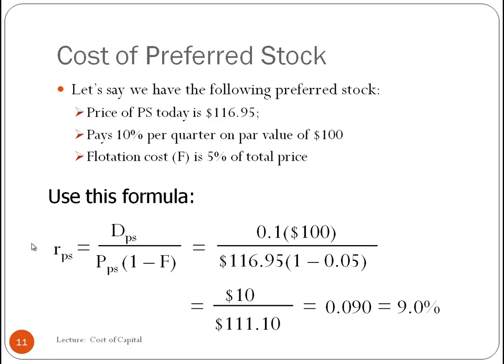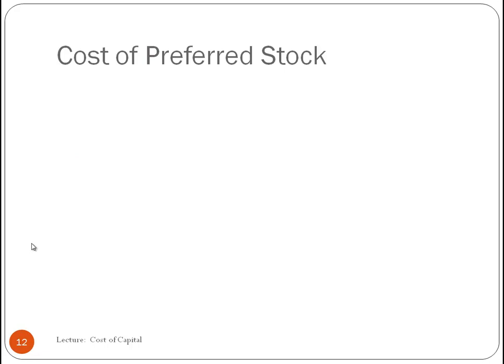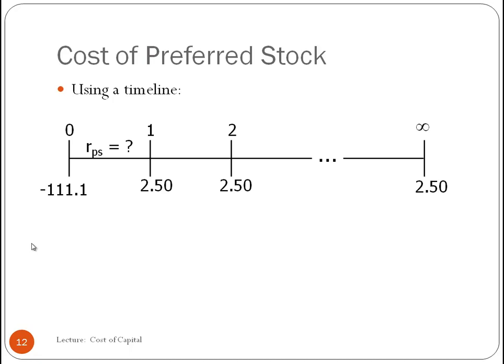There's another way to calculate this, and we can use a timeline for that. And this may be a little more intuitive. We set up a perpetuity where our initial price is the after flotation costs price. This is the amount of money that the company actually receives. It's $111, and that's a negative.